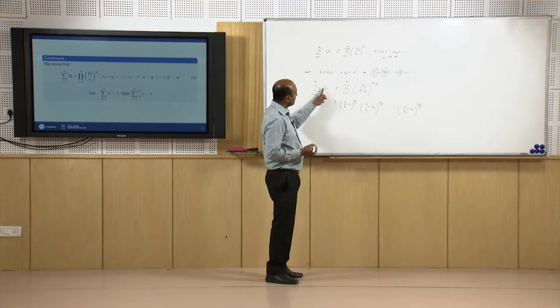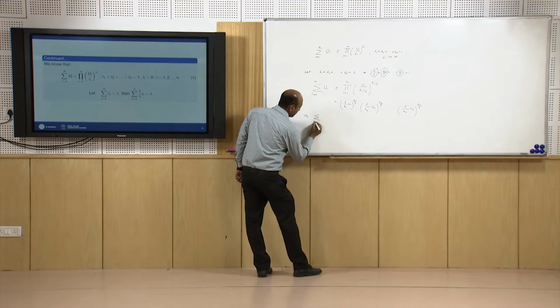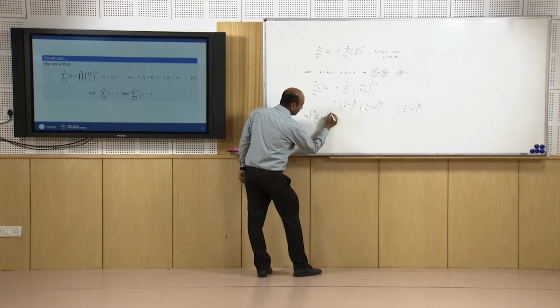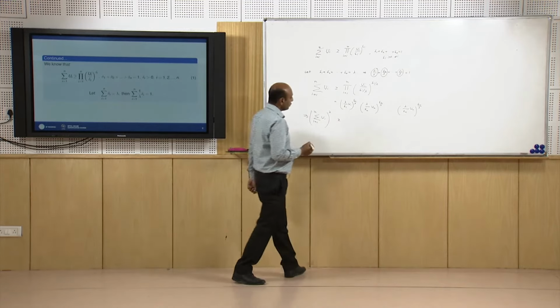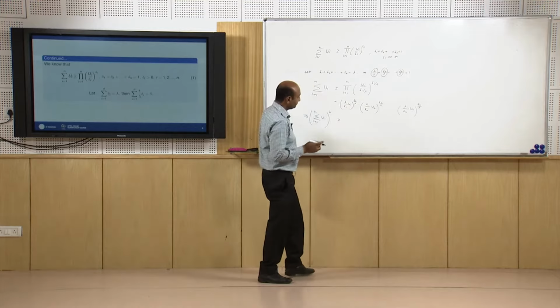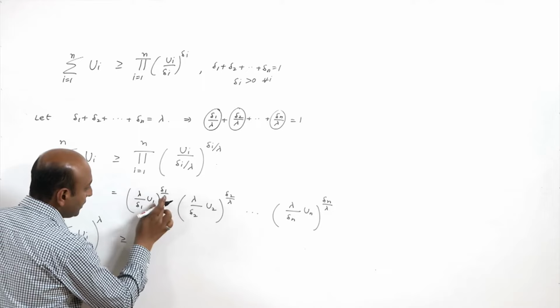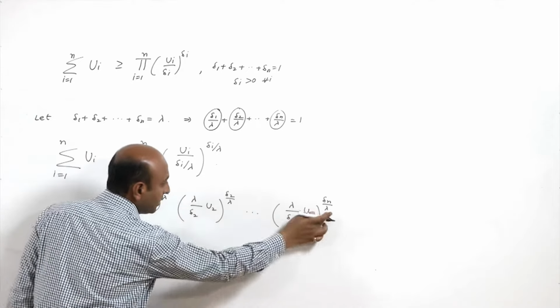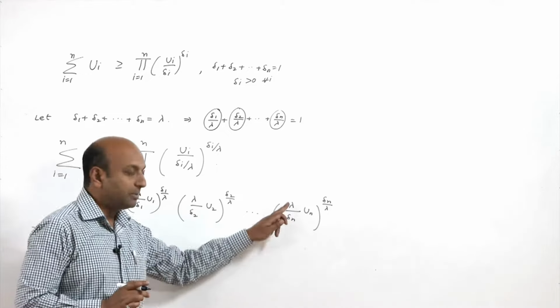Now you raise both sides to the power lambda. This implies that the left hand side is the summation, i running from 1 to n, of u_i whole raised to the power lambda. On the right hand side, you collect the powers of lambda from each term.